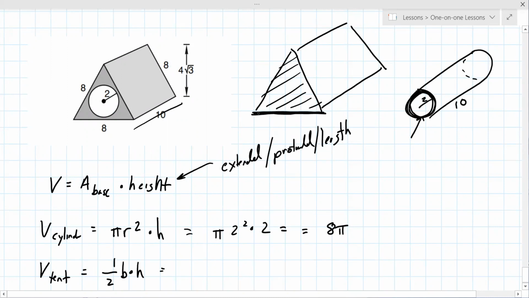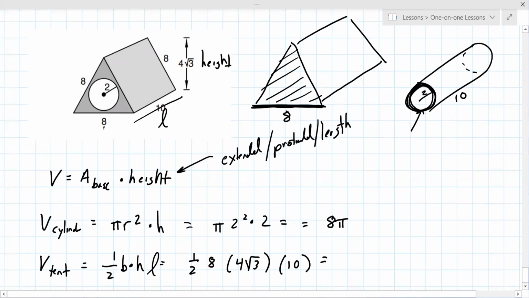Do we have this front edge that I'm underlining? Yes. It's 8. 1/2 times 8. And then the height is actually here, this 4 square root 3. And then the part that I'm missing is the length that it's been extended. This L is how much it's been extended, which is 10.